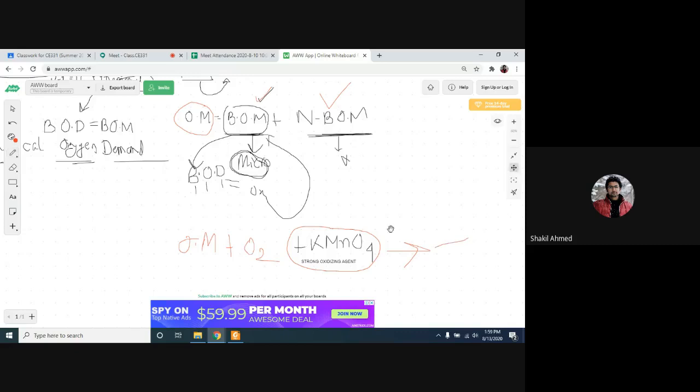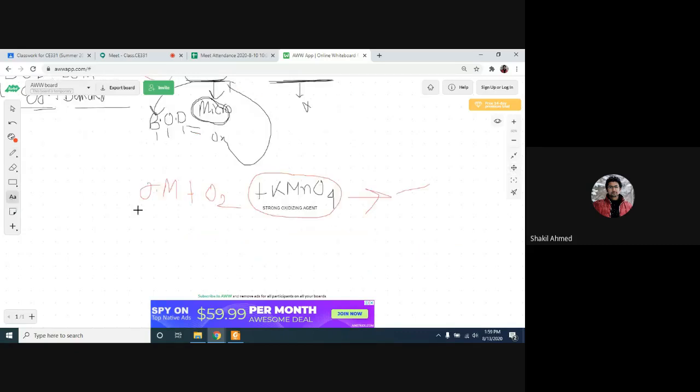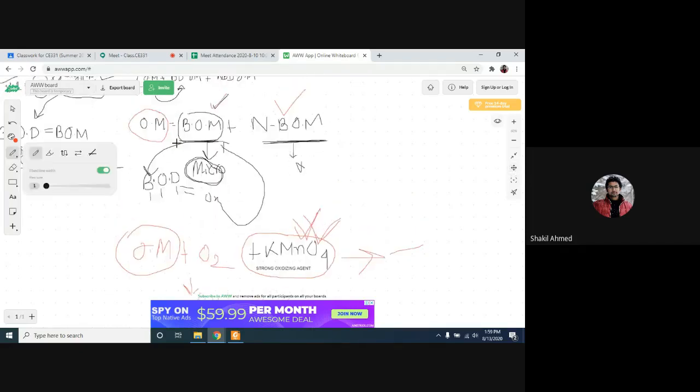The oxygen demand you get from there, you have used a chemical, that's chemical oxygen demand, and it has oxidized all types of organic matter, both biodegradable and non-biodegradable. This is the total organic matter.